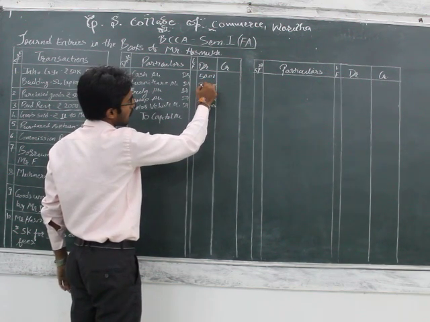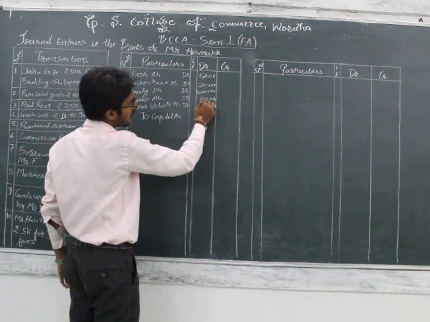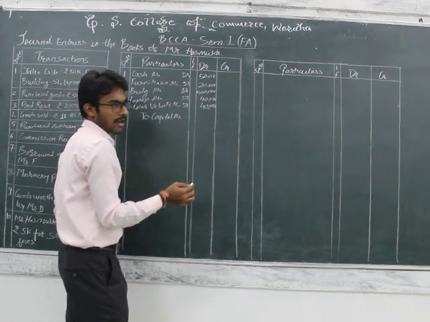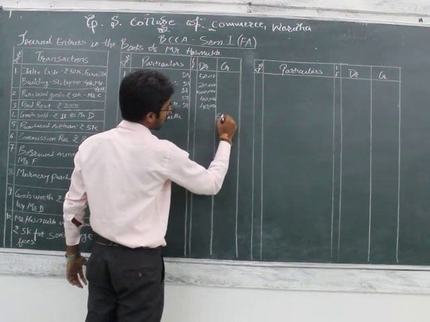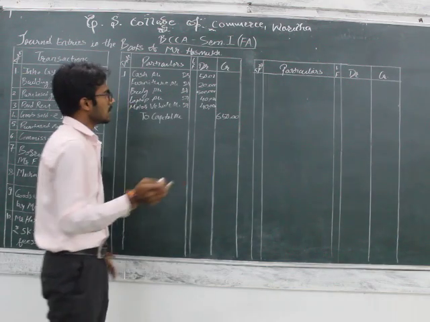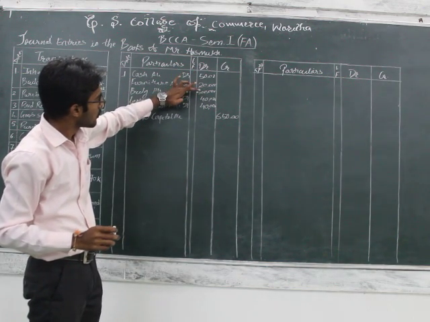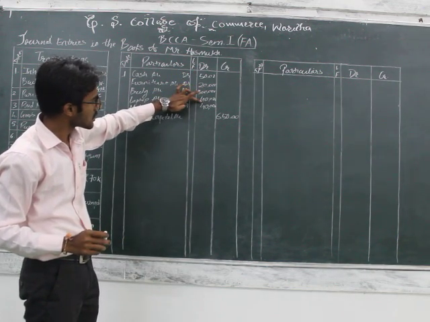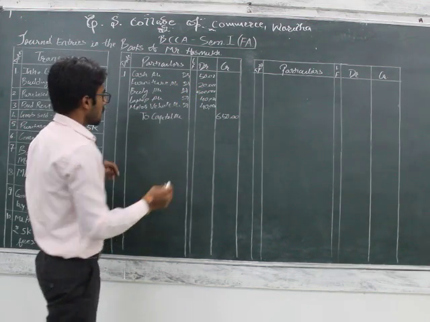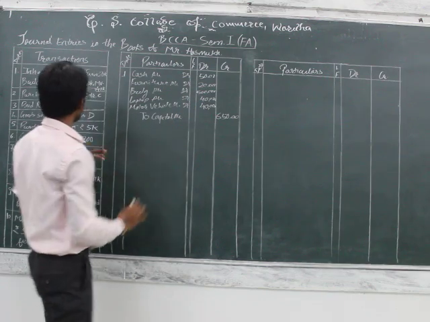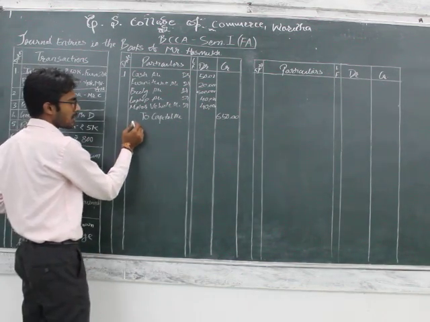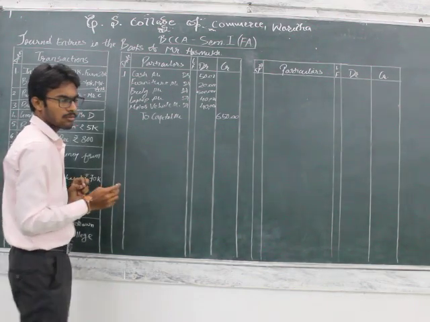So 50 and 20, 70 and 40, 1 lakh 10, 1 lakh 50 and 5 lakh. That means 6 lakh 50,000. Okay, 70, 570, 610 and 650. This is how you can make a journal entry for this type of transaction, and you have to mention the narration.